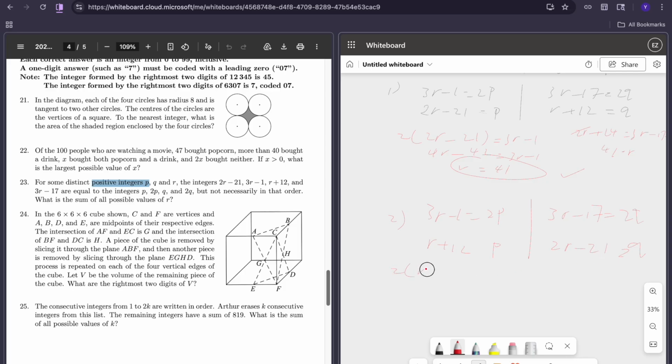So 2 times r plus 12 equal to 3r minus 1. So 2r plus 24. So 2r gone, so I have left with 1r. So 24 plus 1, so 25. 25 equals r. And we look at the other side.